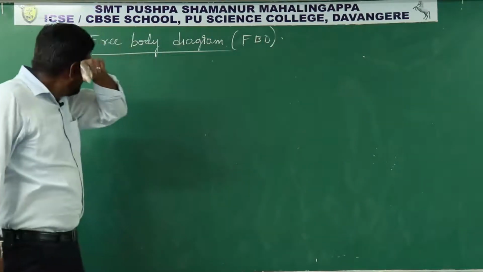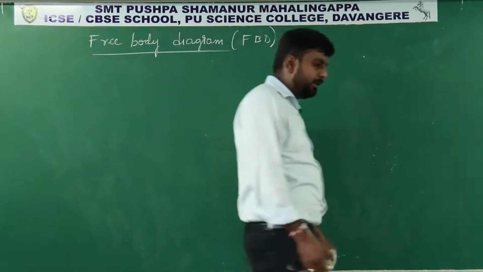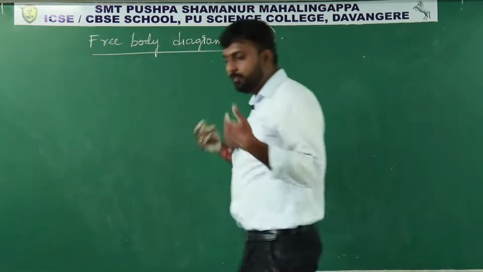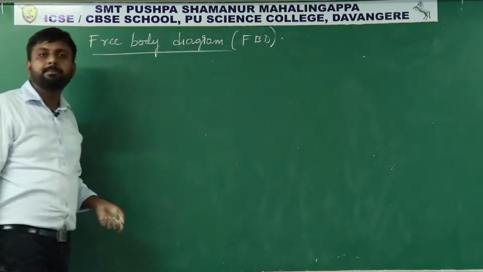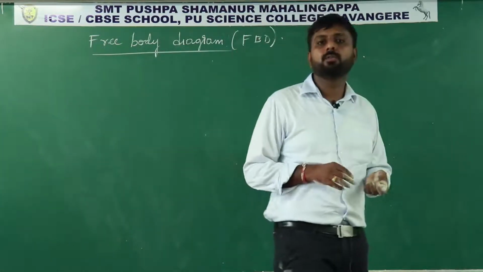What is the use of this free body diagram? It is to know the various forces acting on the object while solving problems. This free body diagram is very useful.